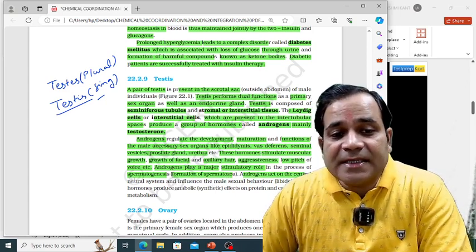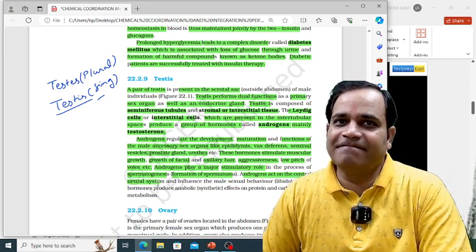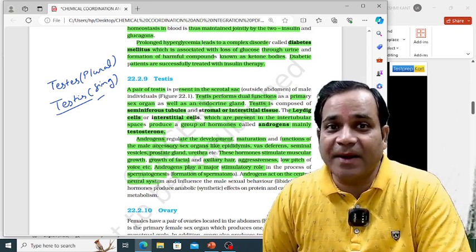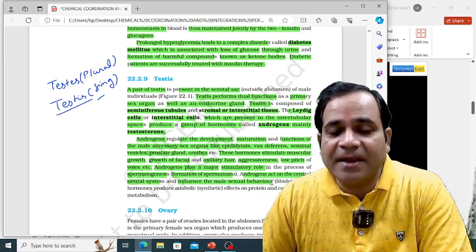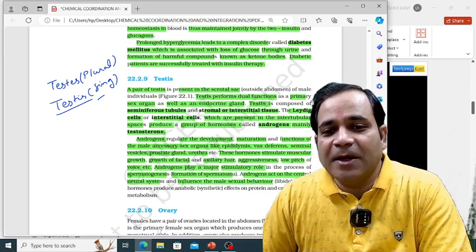Androgen acts on the central nervous system, the brain, and influences male sexual behavior and libido.